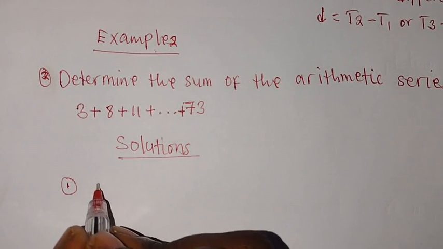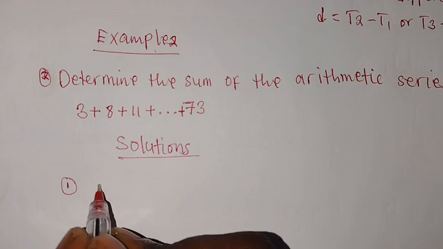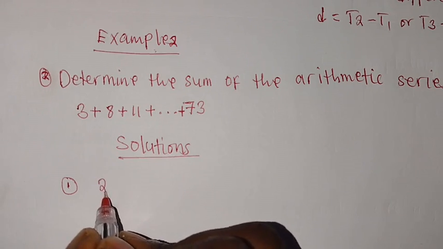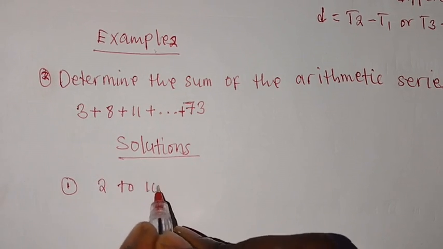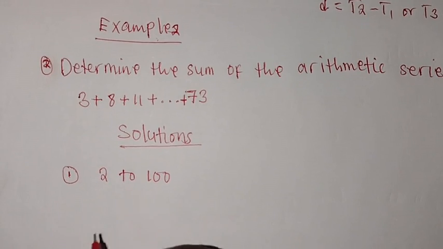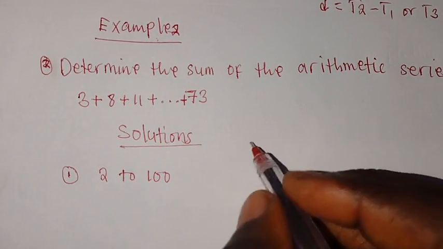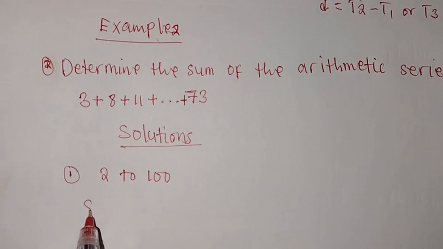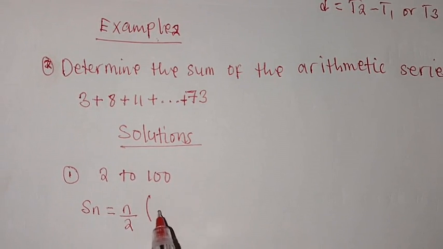They want us to find the sum of the even numbers from 2 to 100. Whenever you are given a question like this, you know that you are going to use the formula: sum equal to n over 2, open bracket a plus l.